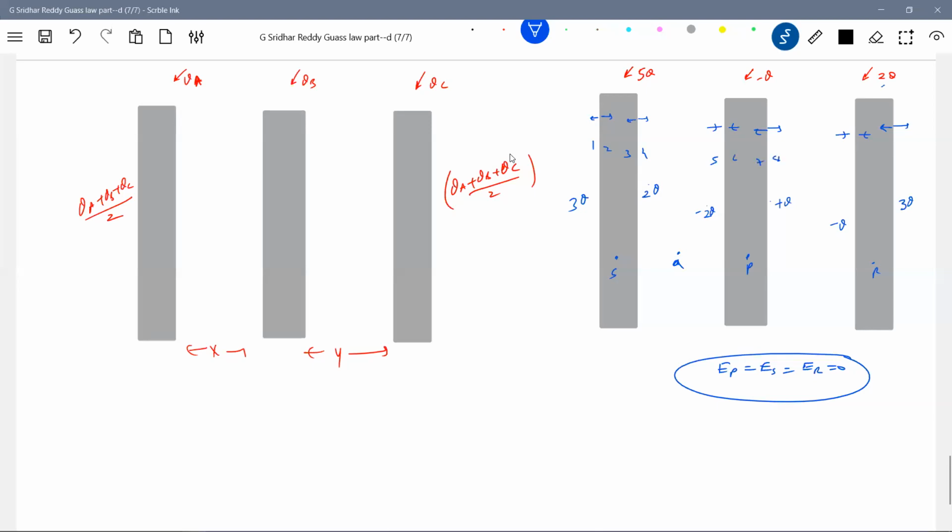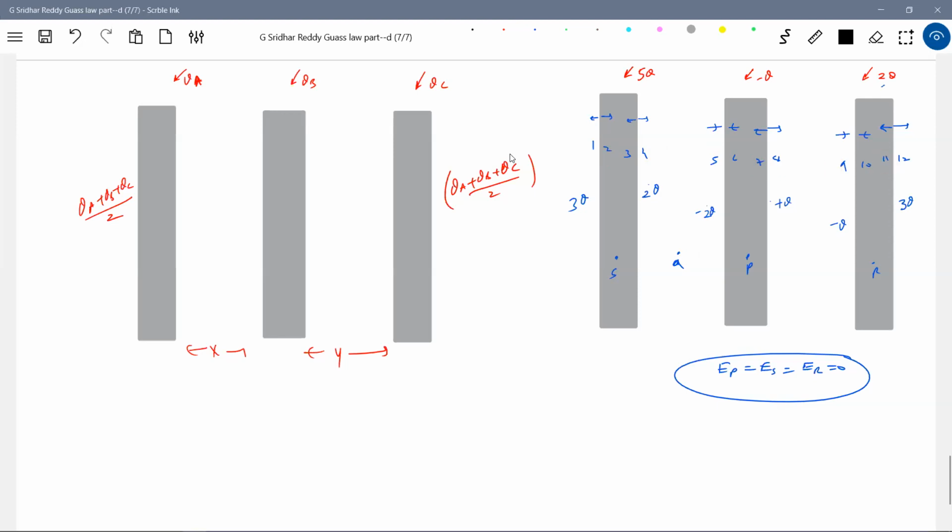Let me give a number. The field at A due to all will be due to 2, 4, 5, 7, 9, 11.